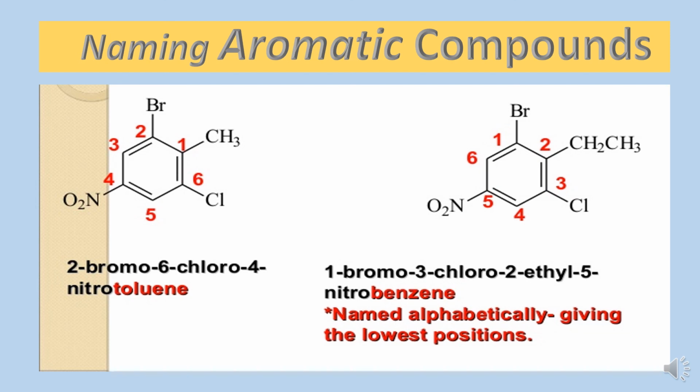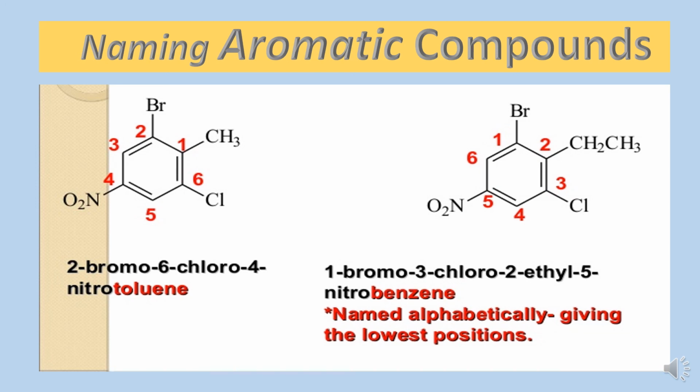Now, in case of polysubstituted compounds, the numbering is given in alphabetical manner as shown. For the first compound, it is 2-bromo-6-chloro-4-nitrotoluene. Whenever a CH3 group is present on the benzene ring, the parent name is given as toluene.